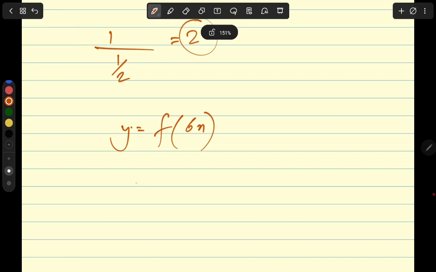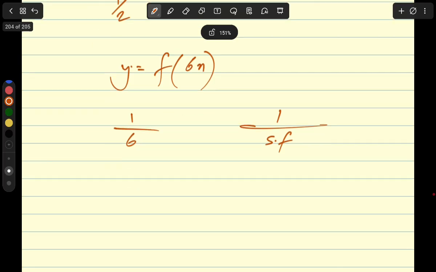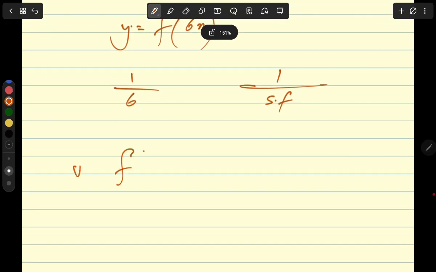So now every input value becomes 1 upon 6. So you always divide by the stretch factor whenever you are dealing with horizontal stretches, right? The rule is that if the horizontally stretched transformation of a function is y equals f of kx, then the horizontal factor is going to be 1 upon k.